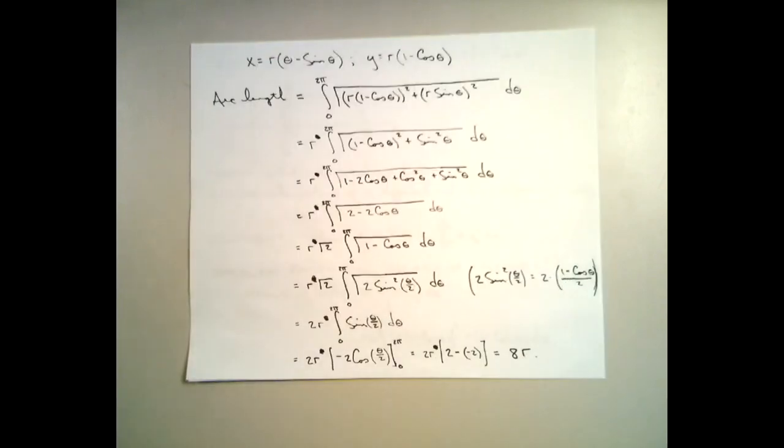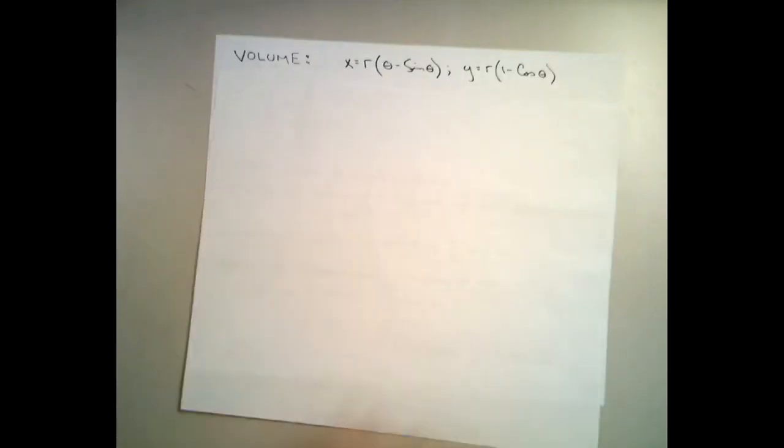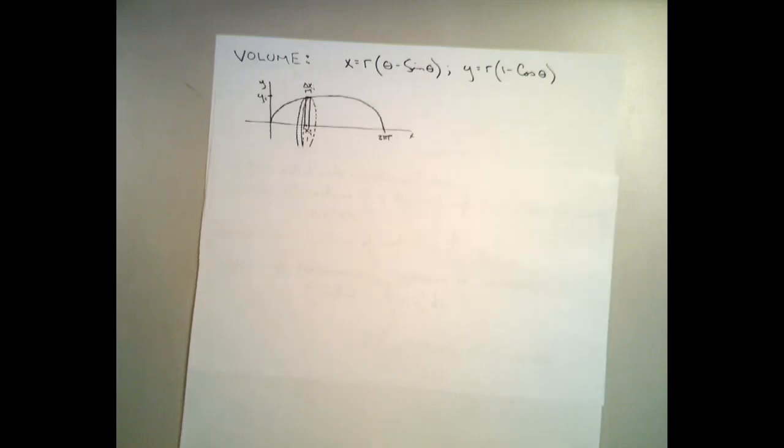All right, final example. We've done area, we've done arc length. Let's do volume. Let's take one period of the graph of the cycloid and revolve it around the x-axis.